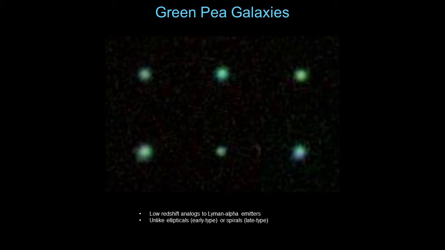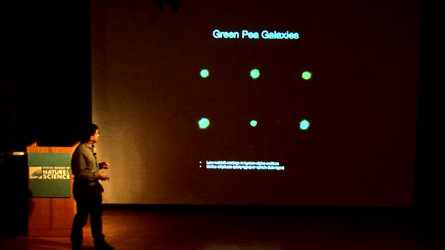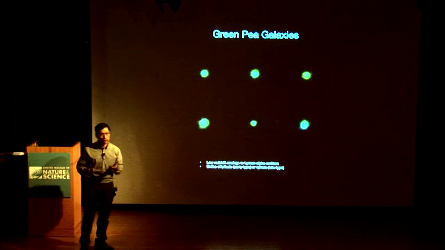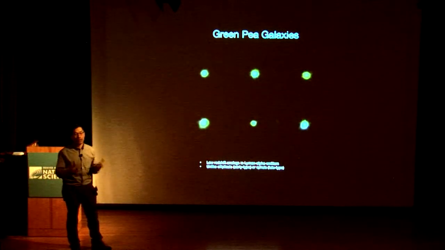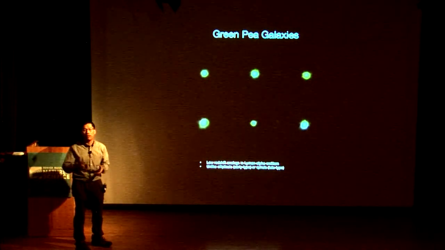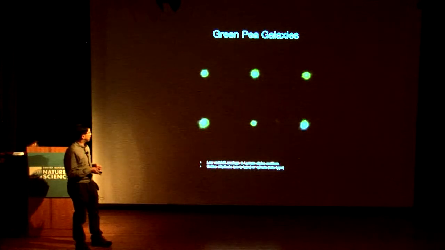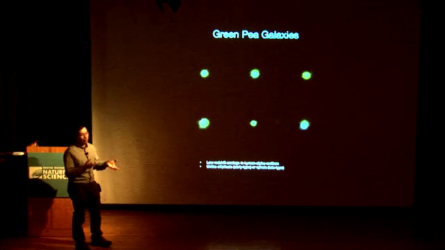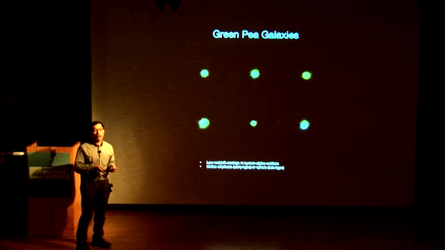They're so named because when you look at them in red, green, and blue colors, they tend to be predominantly green, and they're relatively close by. They do seem to be analogs of more distant types of galaxies that we have better understanding of, and they're unlike ellipticals or spiral galaxies.